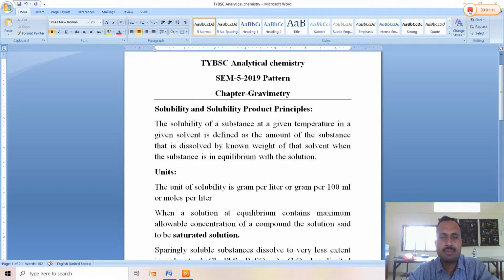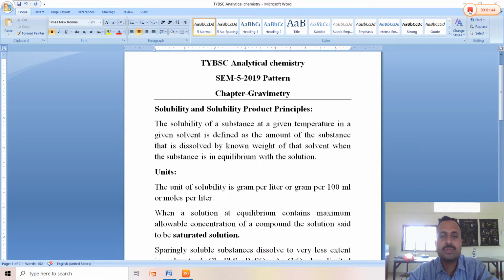The solubility of a substance at a given temperature in a given solvent is defined as the amount of the substance that is dissolved by a known weight of that solvent when the substance is in equilibrium with the solution.